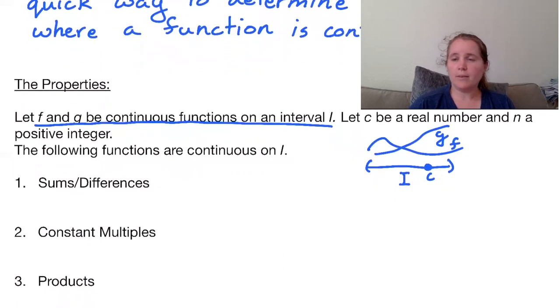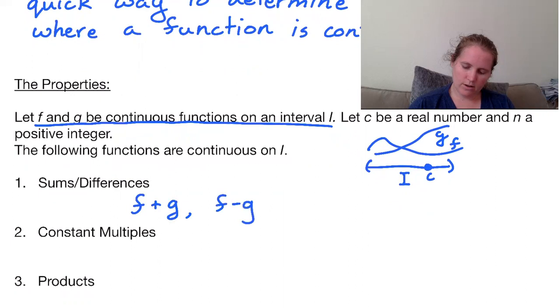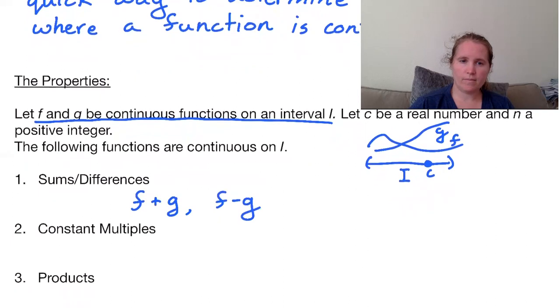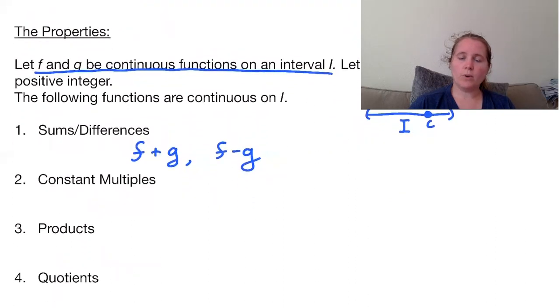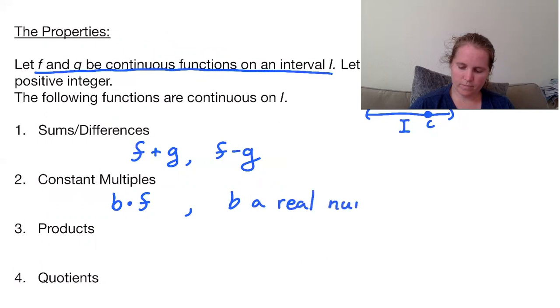So we can take either the sum or difference of those functions. So the function f plus g and f minus g are both continuous on I. Constant multiple. If we take b times f, where b is a real number, then that will also be continuous.